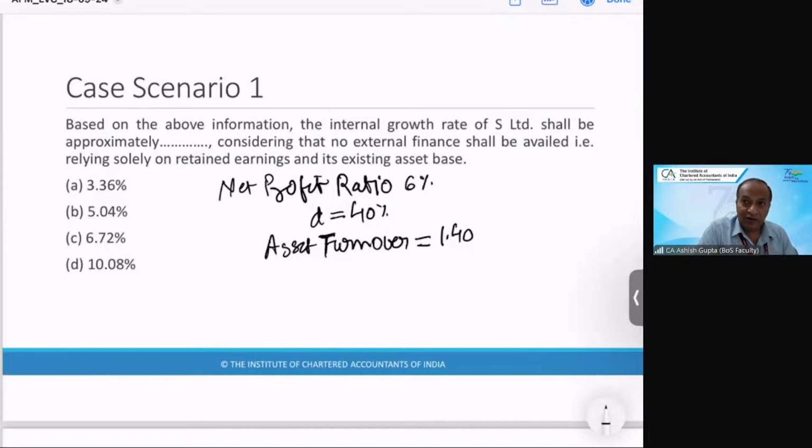Okay, I am receiving correct answers on my screen. Yes, most of the students are giving the correct answer. First of all, our net profit ratio is 6%.